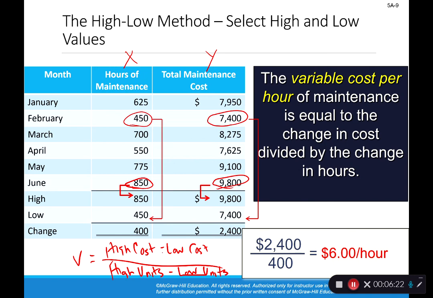So the example here, my high cost is 9,800, my low is 7,400, the difference is 2,400, that's my numerator. And then for units, my high is 850, my low is 450, so the difference is 400, that's my denominator. That now gives me my variable cost per unit, which is $6.